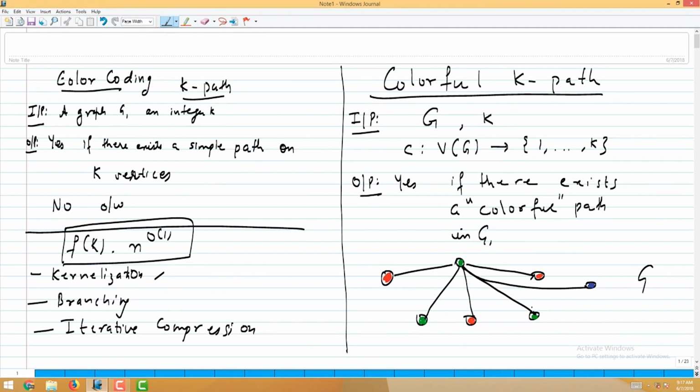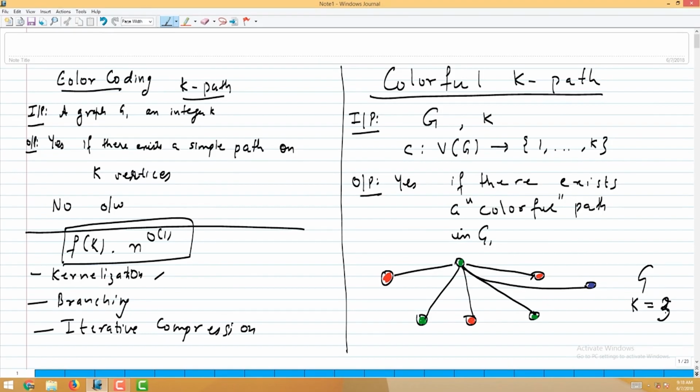This was my input graph, and in this input graph, with k equal to 3, I'm interested in finding a path on 3 vertices such that all its vertices are colored differently.